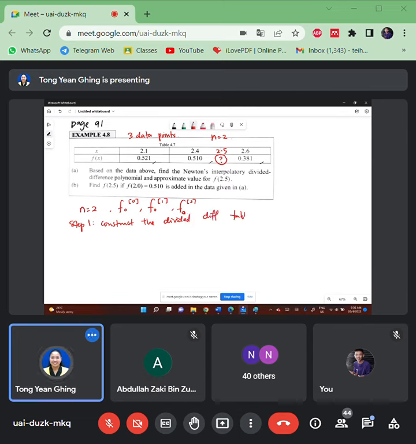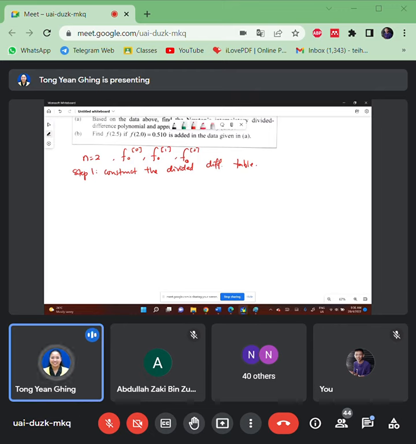Saya letak table, divided difference table. So let's draw the table here. Start from i, and then saya letak xi. Ini f[xi] 0 divided difference. Lepas tu 1 divided difference. 2 divided difference.